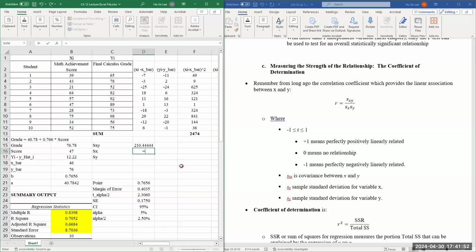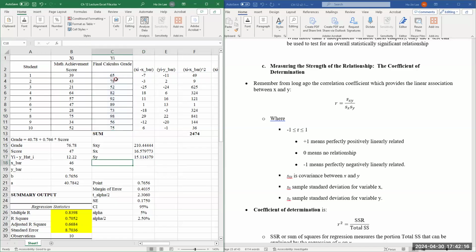This is the variance. This is the sample standard deviation, STDEV.S of the x's, and this is the STDEV.S of the y's.